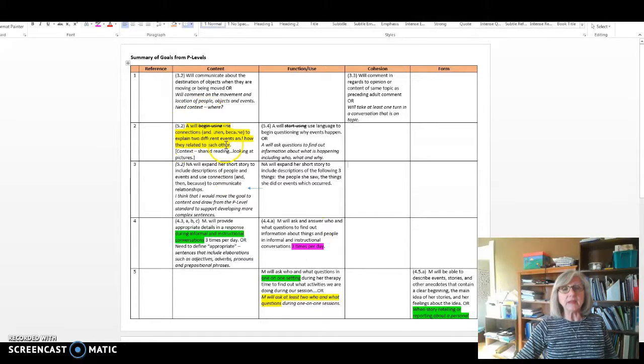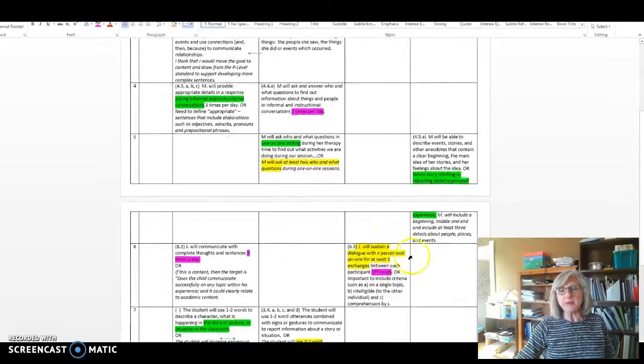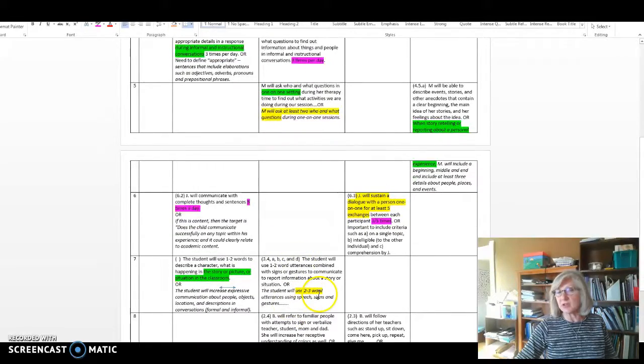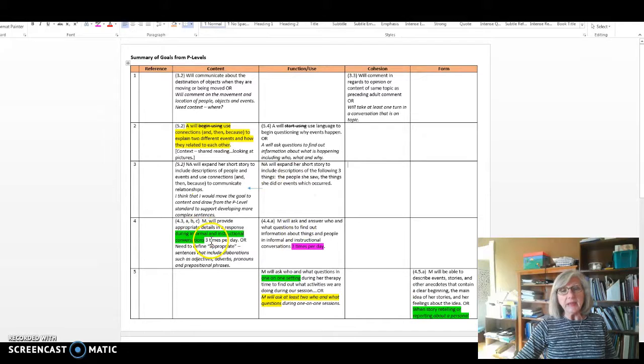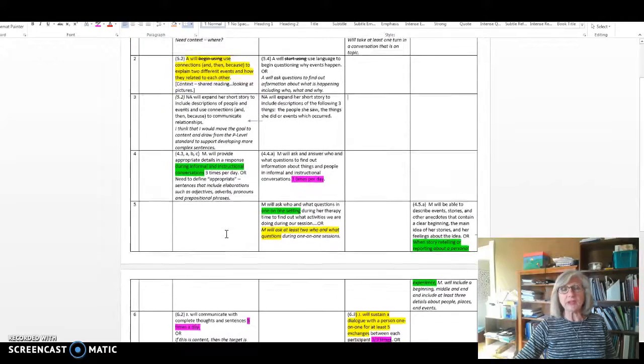The yellow really is the specific behavior, and so I focused on making sure these are examples of, in yellow, what people identified as specific behaviors, and these were actually quite good. The green is really about the context, and sometimes the context wasn't included.